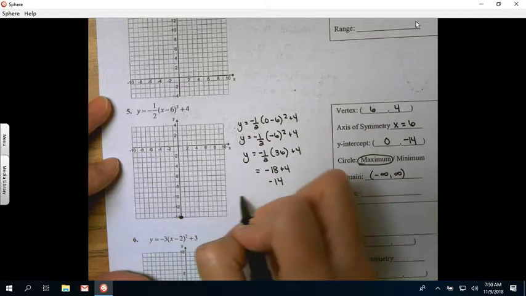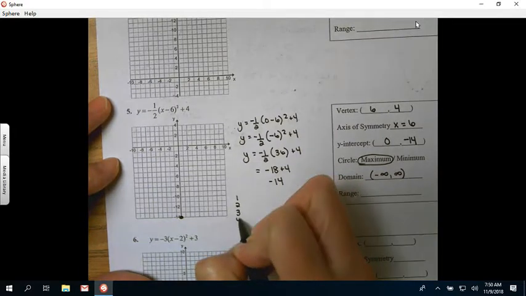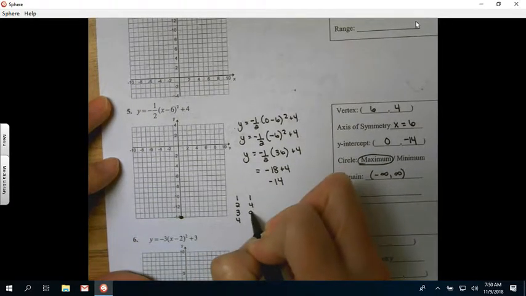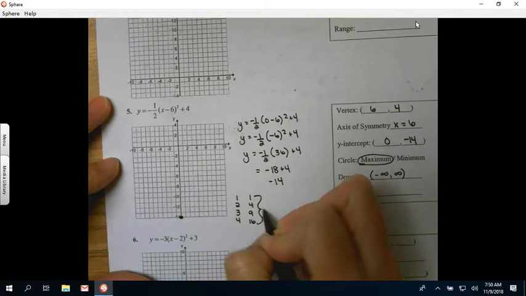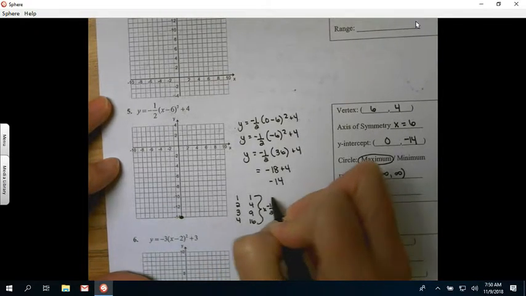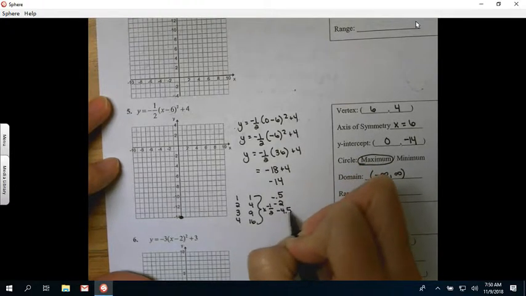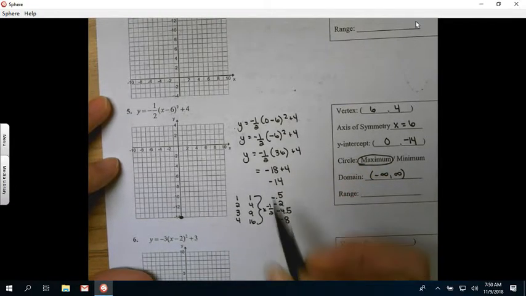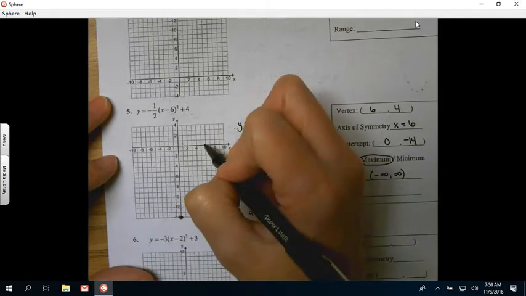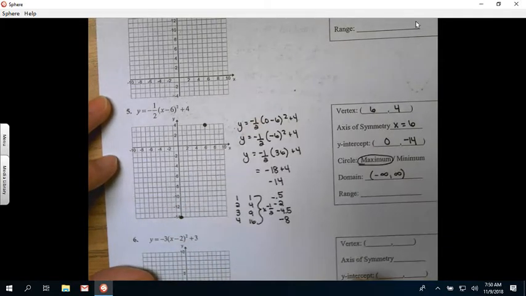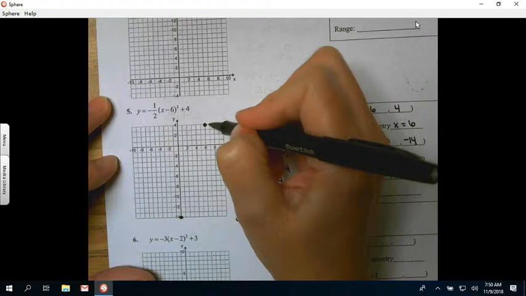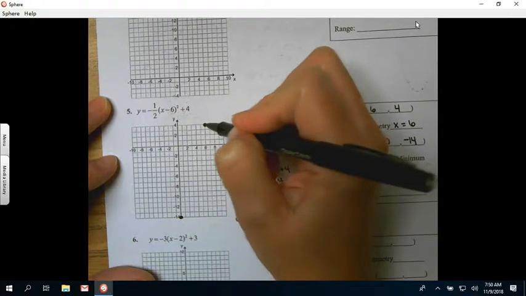I have the counting pattern. This time I'm going to adjust them all by a negative 1/2. So this gives me negative 0.5, negative 2, negative 4.5, and negative 8. So I'm going to plot my vertex, 6, 4. If I go out 1, I'm going down 1/2.